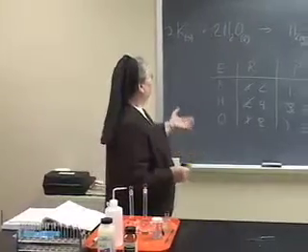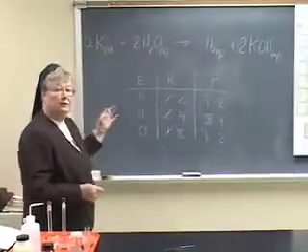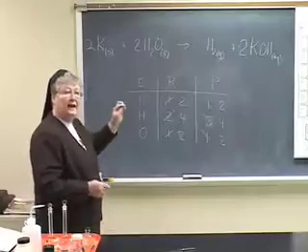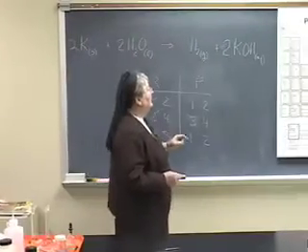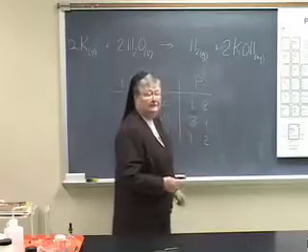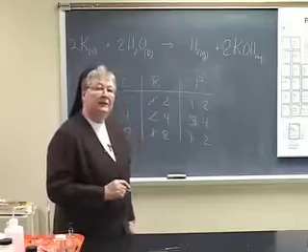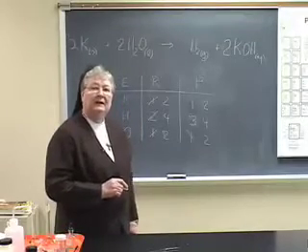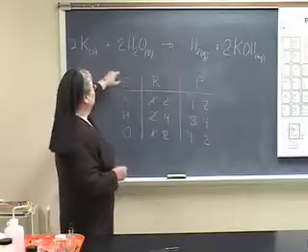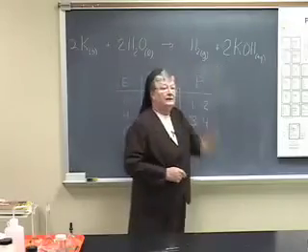I can interpret this equation, I guess, says it means 2 atoms of potassium react with 2 molecules of water to form 1 molecule of the diatomic element hydrogen and 2 molecules of potassium hydroxide. But remember that counting atoms is very difficult. And so I could just as well say 2 dozen react with 2 dozen, react with 1 dozen, react with 2 dozen.